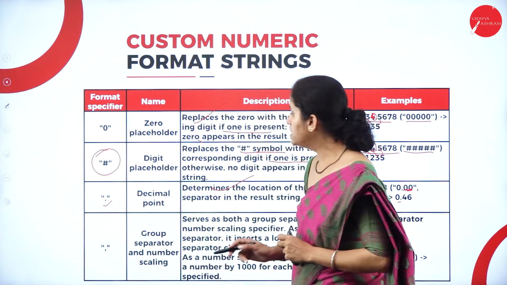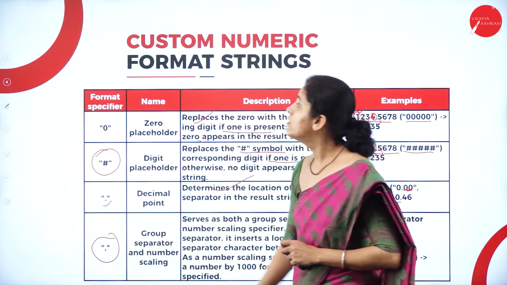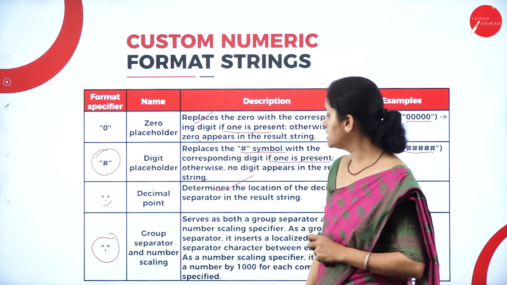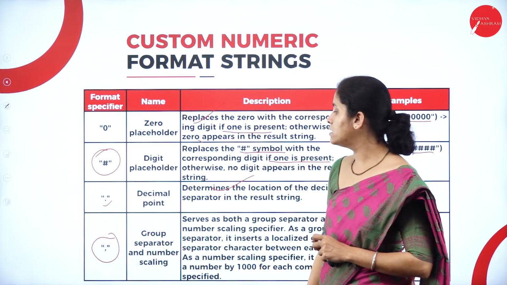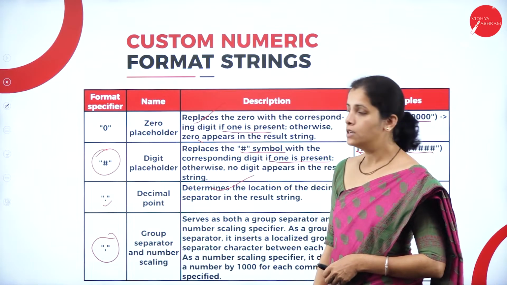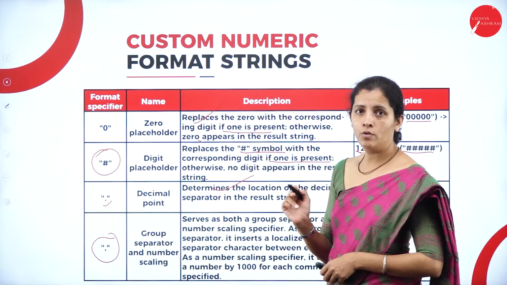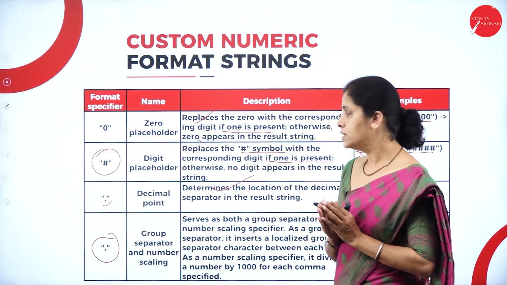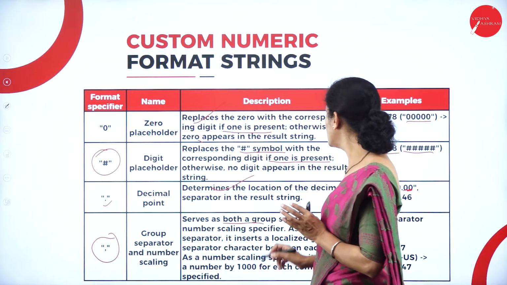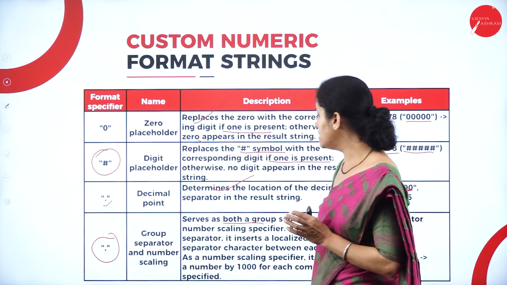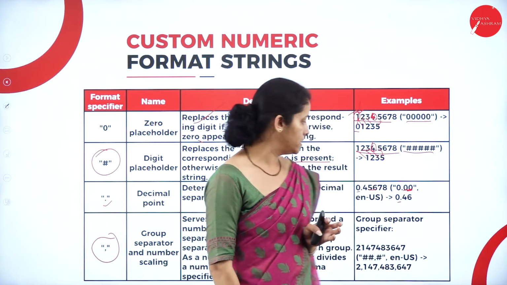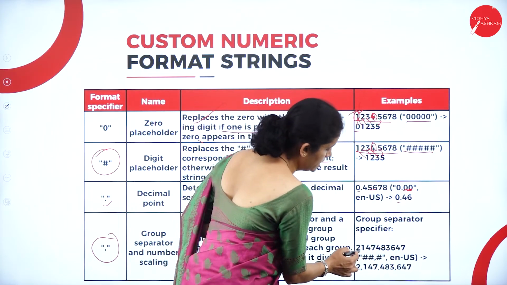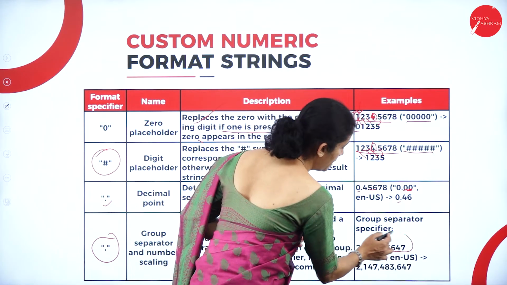Now, I have another format specifier, that is nothing but group separator and number scaling. So here comma. Okay, it is nothing but the group separator and scaling. So it serves as both group separator and number scaling. Consider this example. See here, I have the lengthy number.